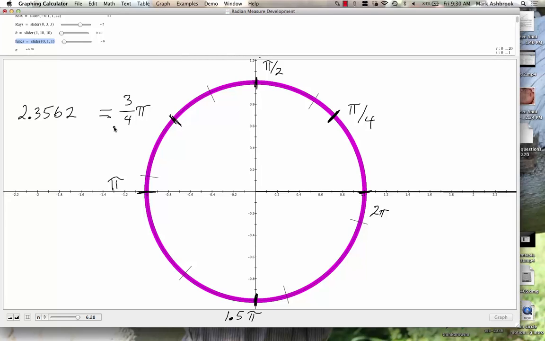Arc length measured in what? Nope, arc length isn't measured in radians. Radians is openness. Length is measured in radius lengths. So it takes 2.3562 radius lengths to get to this point on the circle, and so therefore the amount of openness is 2.3562 radians.